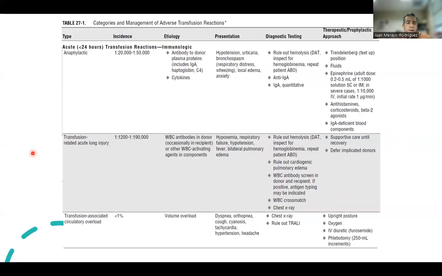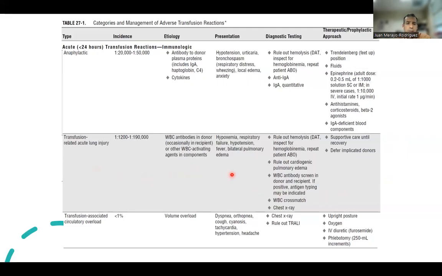Transfusion-related acute lung injury, or TRALI, is one of the major killers. The incidence is about 1 in 1,200 to 1 in 200,000. The etiology, one of the theories, is white blood cell antibodies in the donor, and occasionally in the recipient, or other white blood cell activating agents in the components.